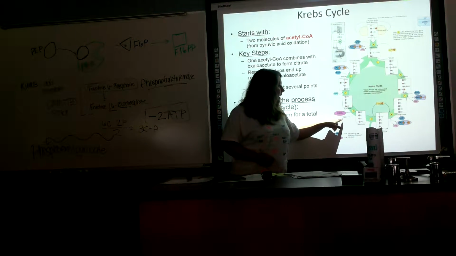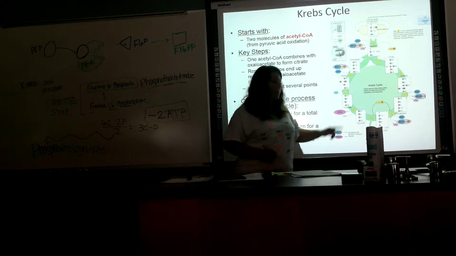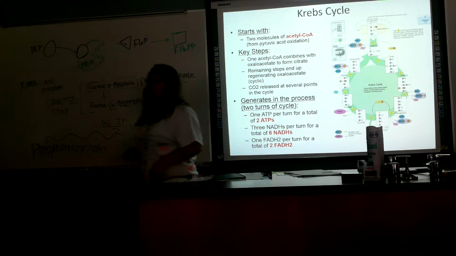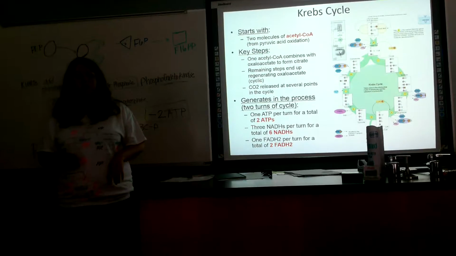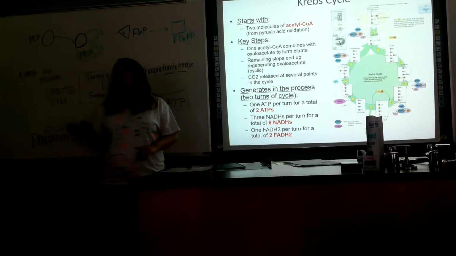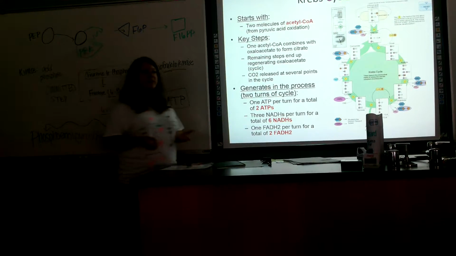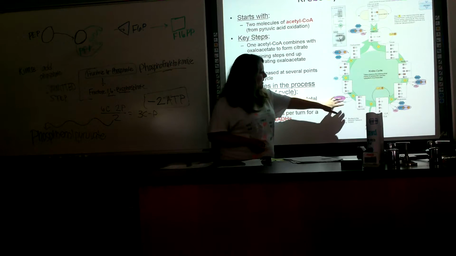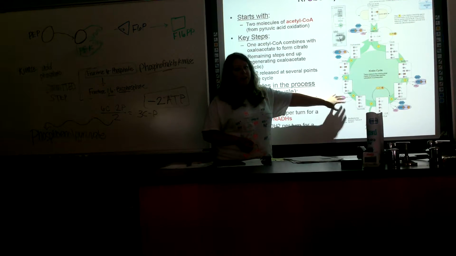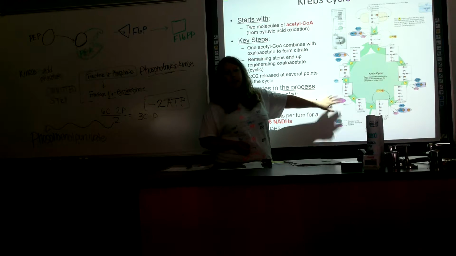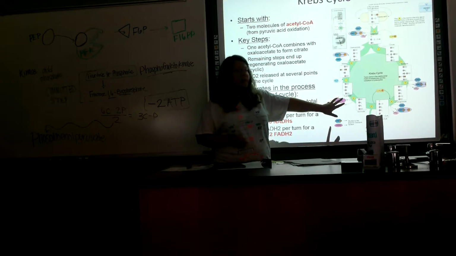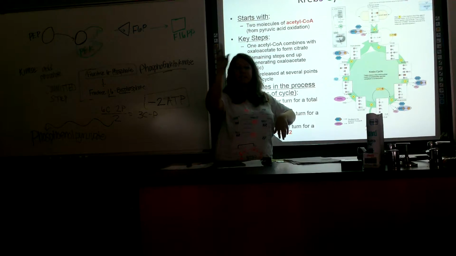Can anybody tell me something interesting about this FAD being converted into FADH2, if you did your reading? Your book totally skims over it, and I think it's so cool, but your book doesn't. This is actually right here attached to the electron transport chain. They're like neighbors. So the electron transport chain is a bunch of complexes, right?